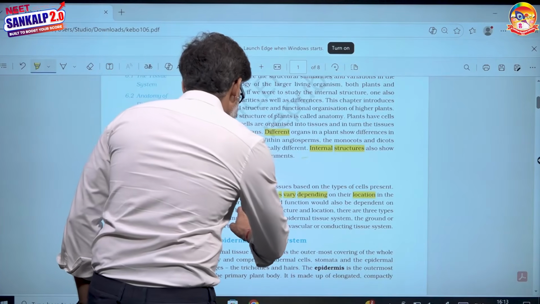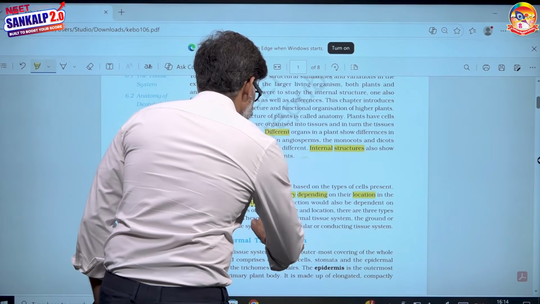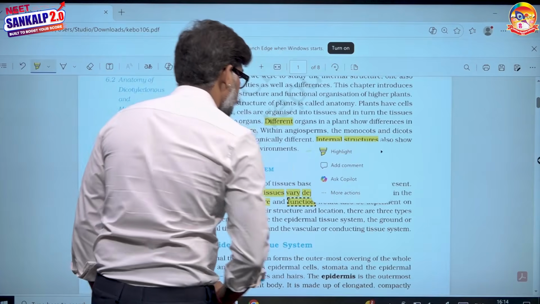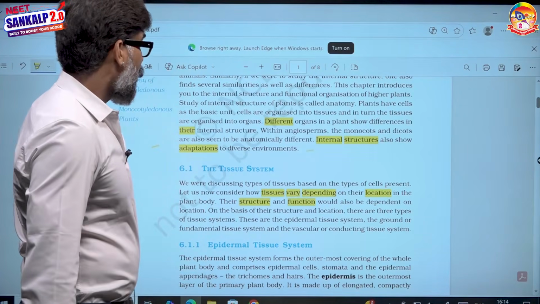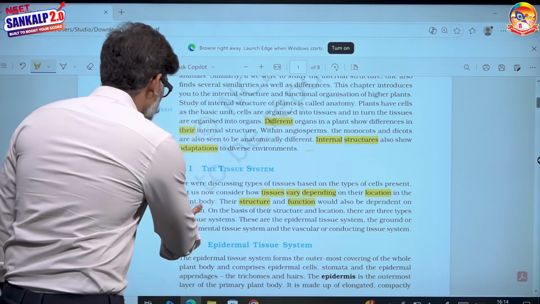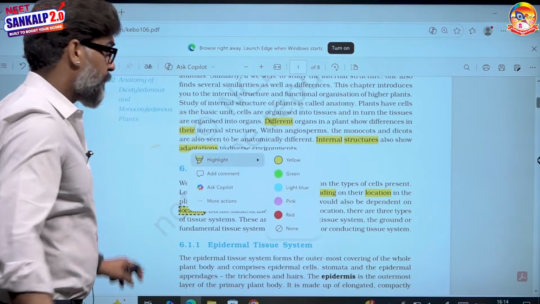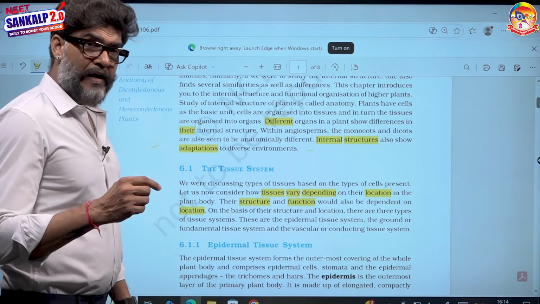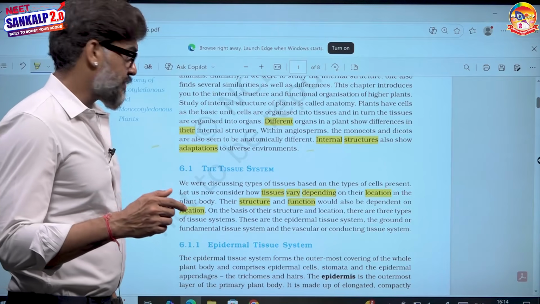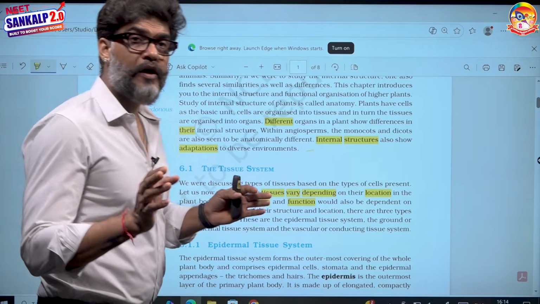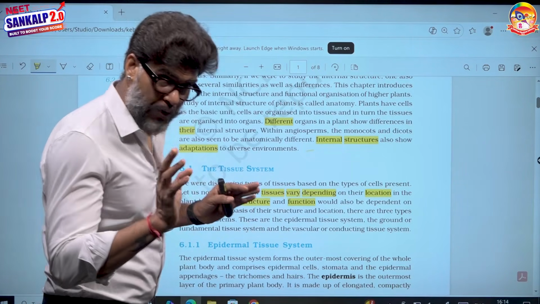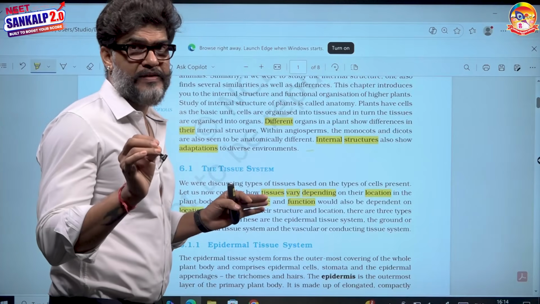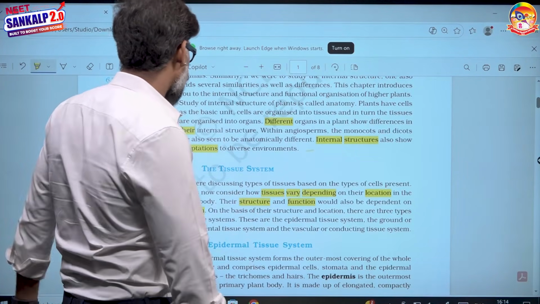Their structure and function also depend on the location. Means what tissue will perform what function and what kind of structure it would carry is decided by the location. So these are very important, crucial facts of the NCERT that you have to keep in your memory.